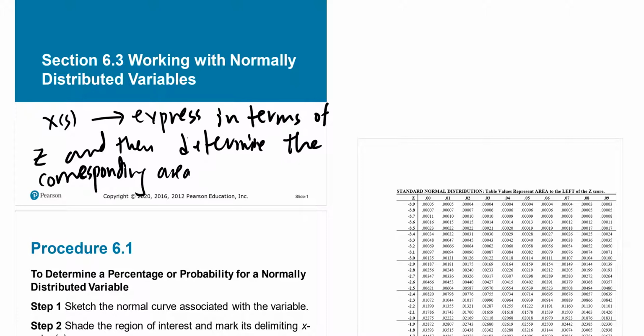So basically we go back to the table I showed you in the previous section, which we're also going to use in this section. The book calls it Table 2.